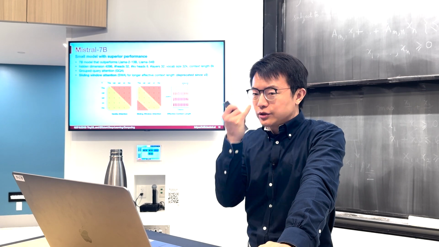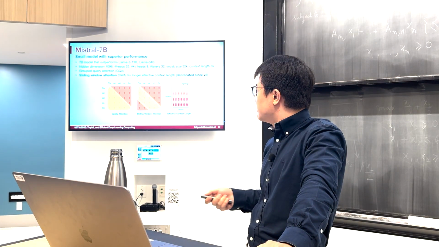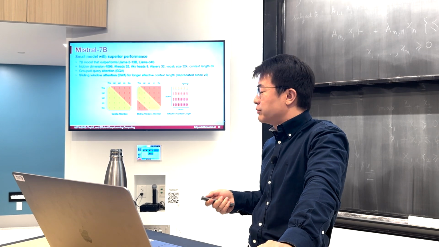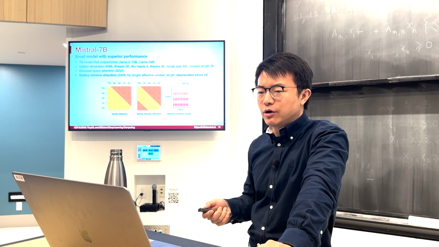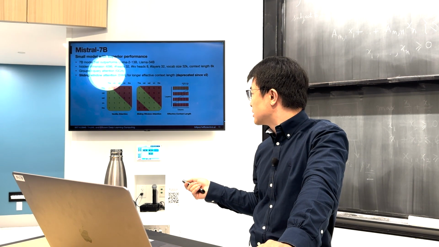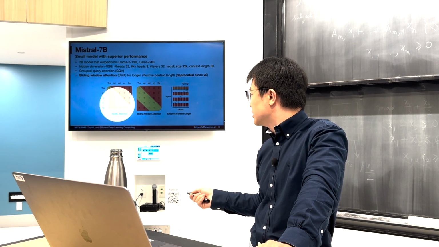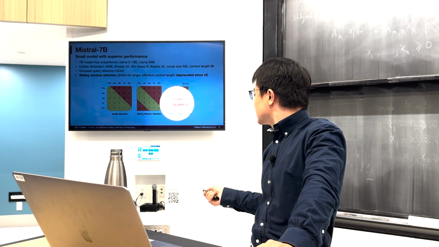And a very popular small model is the Mistral 7B model. It outperformed Llama 2, even the 34 billion parameter model. An interesting part here is the sliding window attention rather than the full attention.